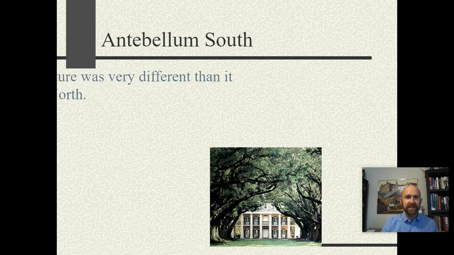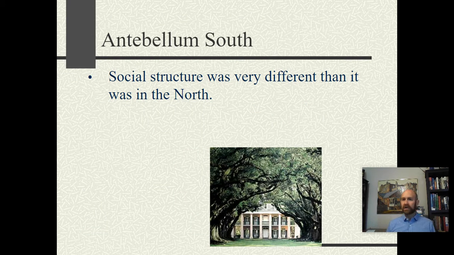So the Antebellum South, the social structure, you have to understand the social structure of the South if you're going to understand slavery, because it makes no sense that in a democracy the average Southerner would support slavery. It just doesn't make sense, because the uber elite, right? Very few people in the South actually own slaves.